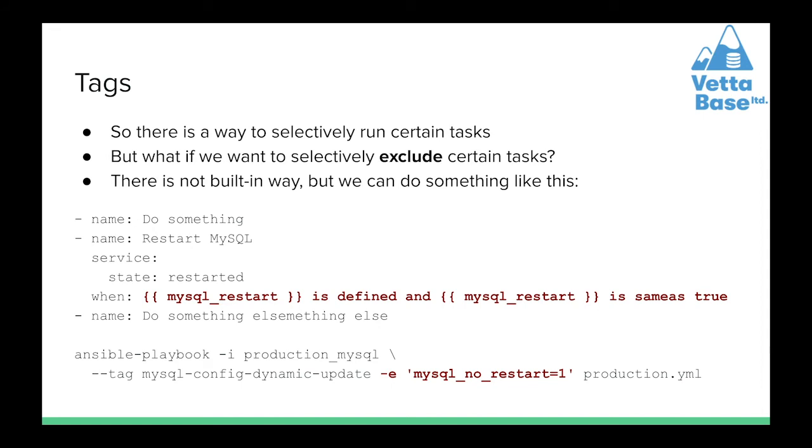For example, I'm applying specific changes, and for this time I want MySQL to be restarted. I can do it by passing an environment variable. To do it, I can use the syntax that you can see here.